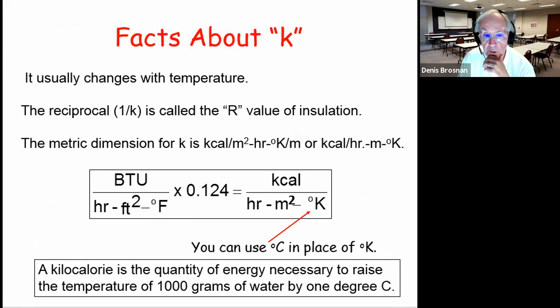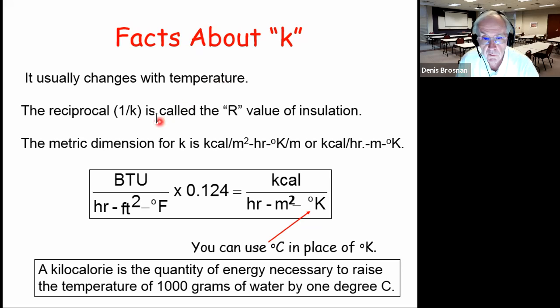Some facts about thermal conductivity. It does change with temperature. And we have enough temperature in industrial furnaces to worry about that change. In a lot of cases, people will look at the average temperature. They'll calculate the average temperature in a refractory lining component, and that's the thermal conductivity that they will use in calculations.